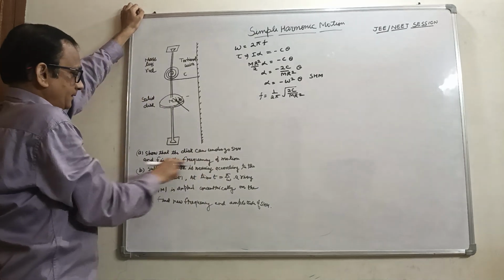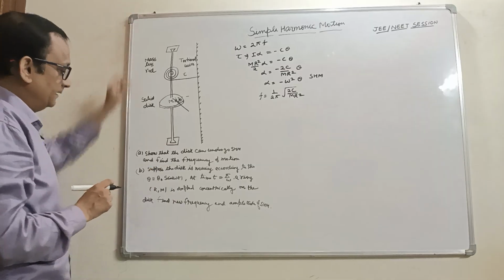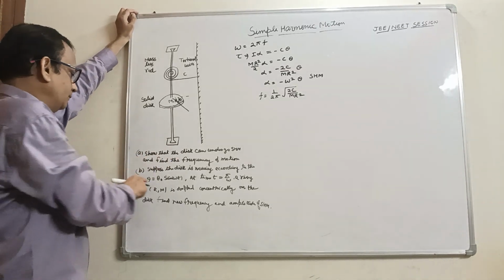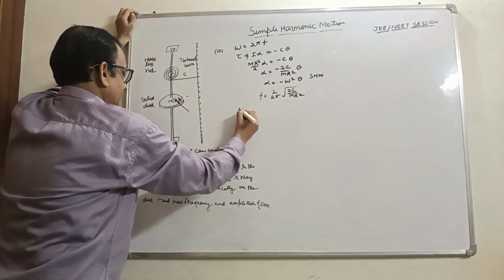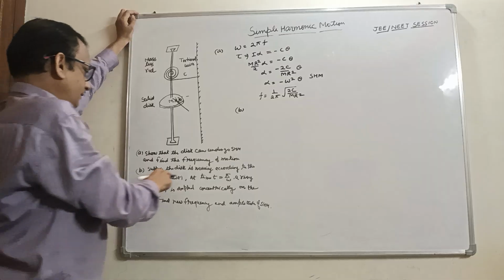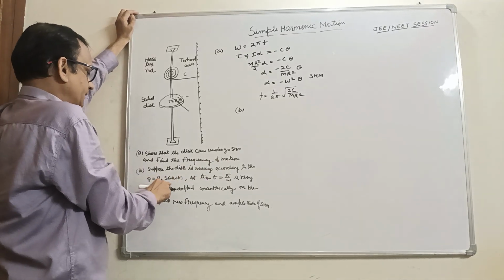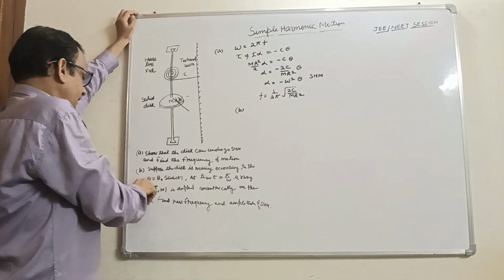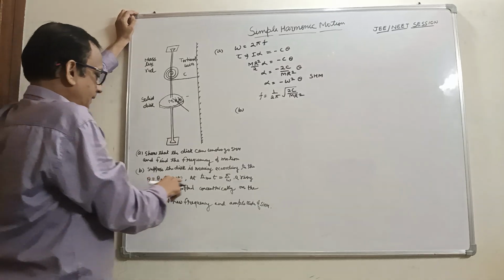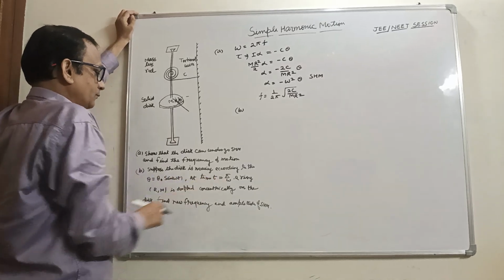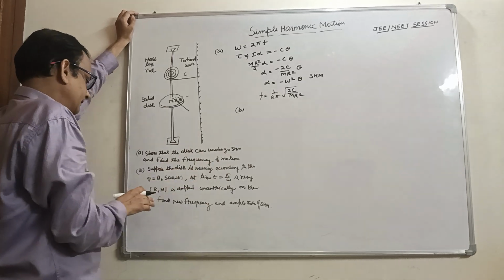In the first part we have to calculate the frequency. In the second part, suppose the disk is moving according to theta, with angular amplitude theta naught, and at time t equal to pi by omega, a ring is docked concentrically on the disk.